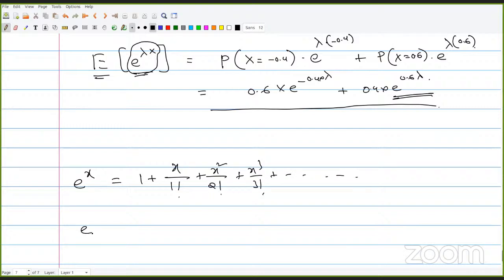Now, what will be the expansion of e to the power lambda x? 1 plus lambda x by 1 factorial, plus lambda square x square by 2 factorial.